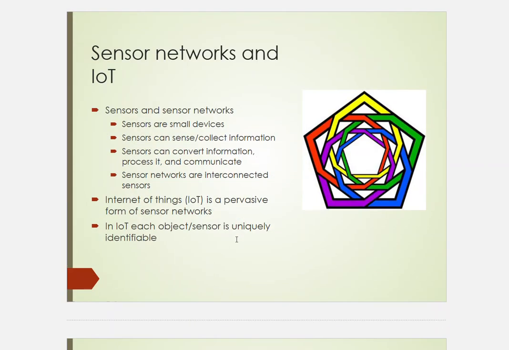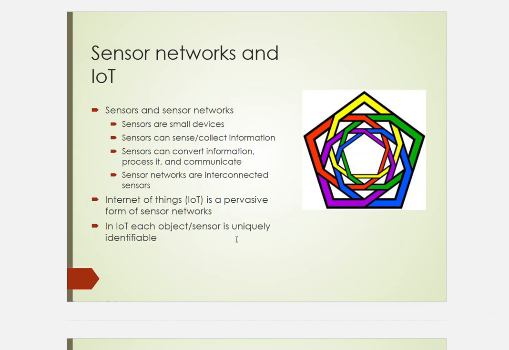So these networks could be sensor networks. And when we say sensor, what do you mean? A sensor could be a variety of things that measures temperature. We could have a thermostat in your house that senses the temperature in a room.